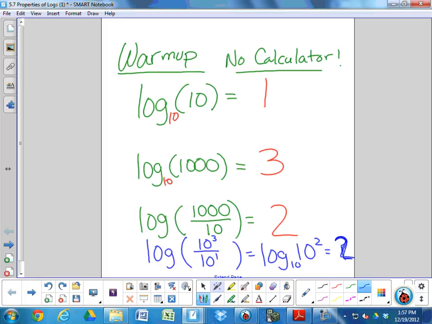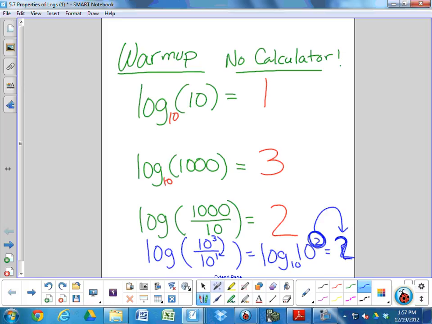So not only does this show you why you subtract the 2 logs when you have division, but it also shows you that power rule. If you have the log of 10 base 10 with this exponent on it, what was the answer in this problem? 2, right?